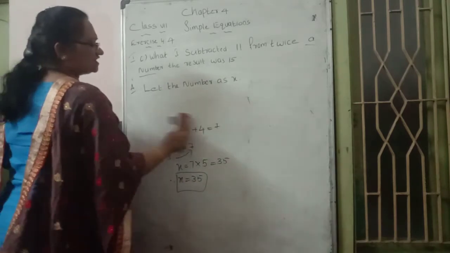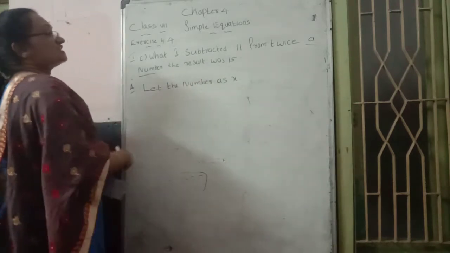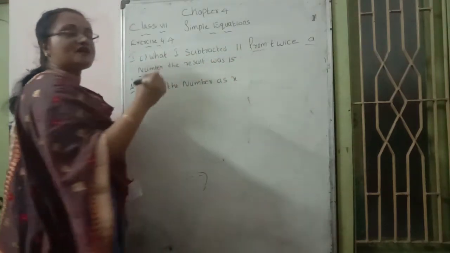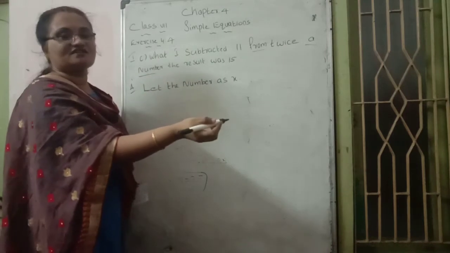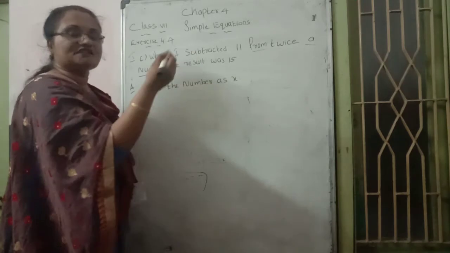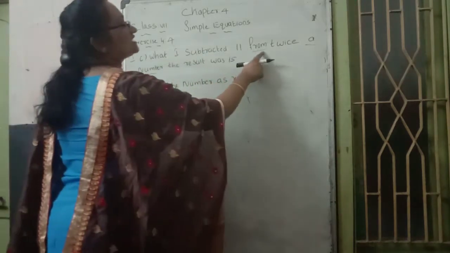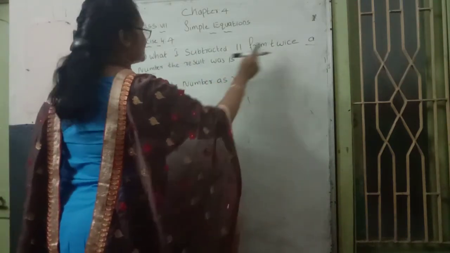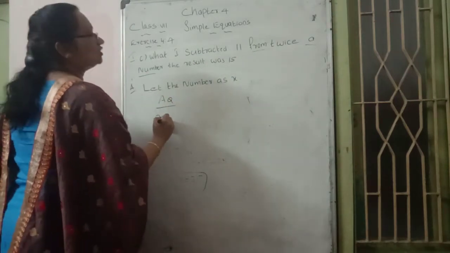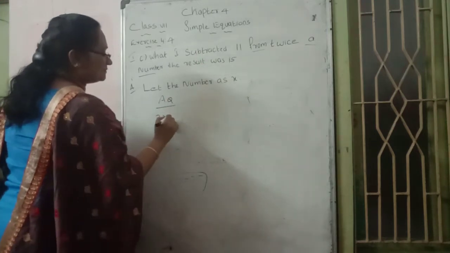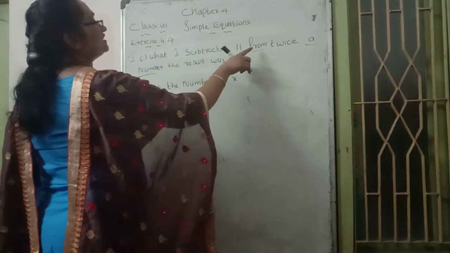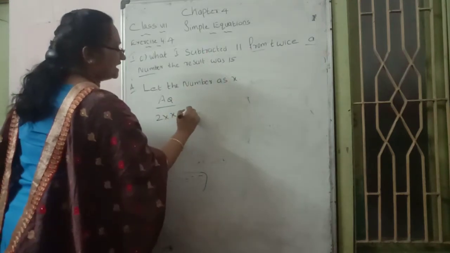Then how to frame the equation? See, in which way I subtracted 11, the word from, after coming number, take first. In the subtraction case, the number coming after from is taken first, then the number they are telling secondly. Twice means how can we write twice? It represents as 2. Twice a number means a number we consider as x, subtracted with which number? Minus 11.